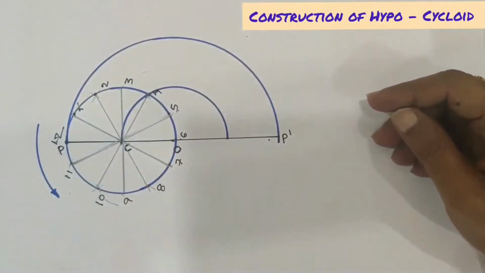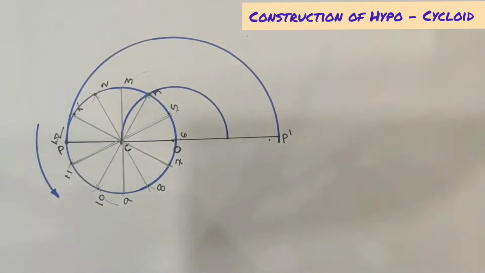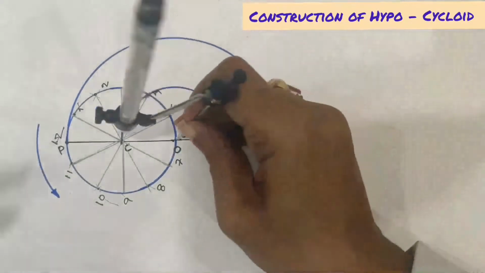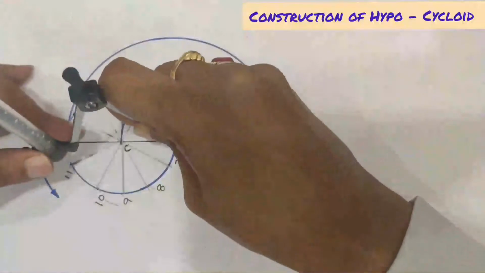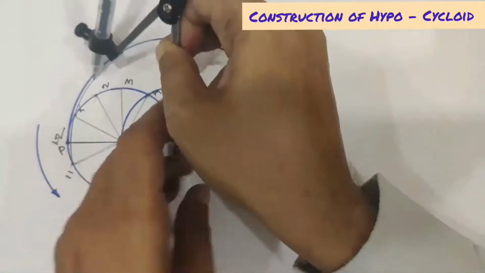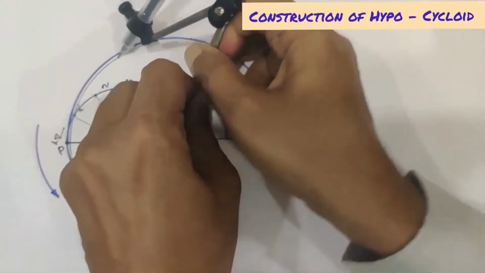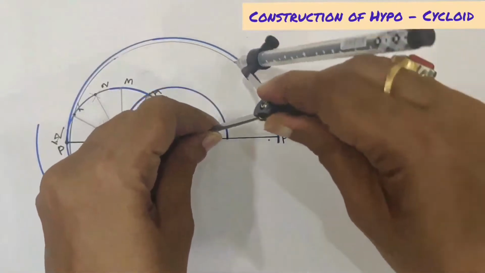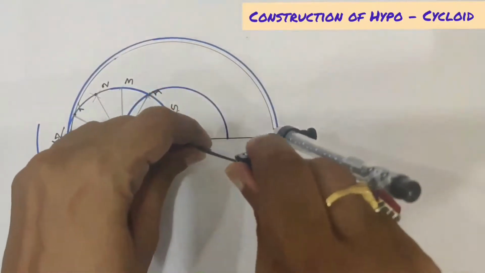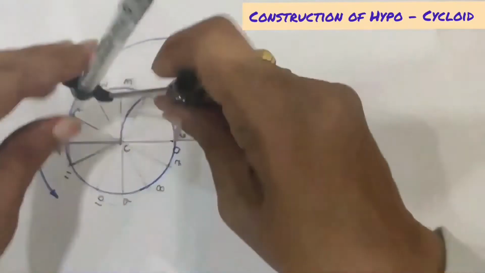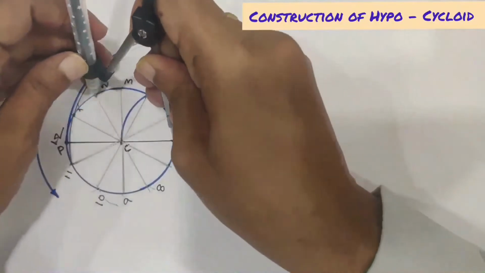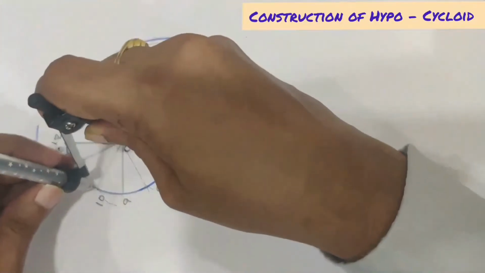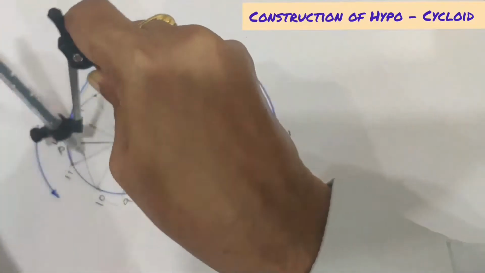Then O as a center, O1 as a radius and O11 as a radius, draw an arc parallel to directing arc. Next, O2 and O10 as a radius.